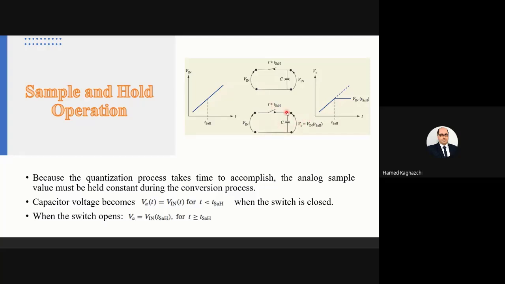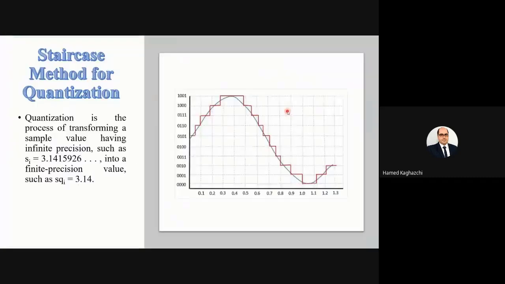The voltage of the capacitor remains at this value, up to when the voltage of the capacitor discharges. Using a capacitor here, I can hold the value of the signal. This is the meaning of sample and hold.